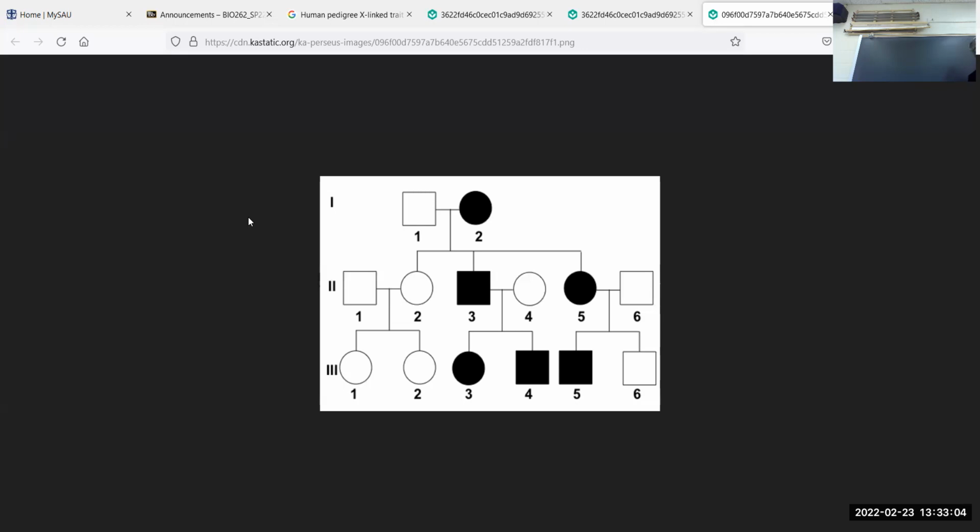And maybe this person is either this or say is this. So we don't really know here. We're just trying to see if this works. All right, so then we have these three individuals. Two of them are affected.